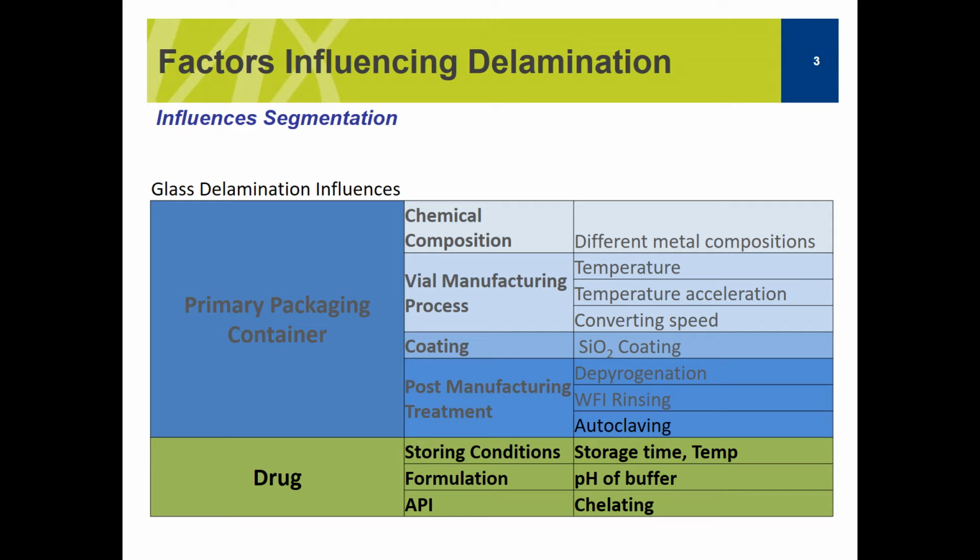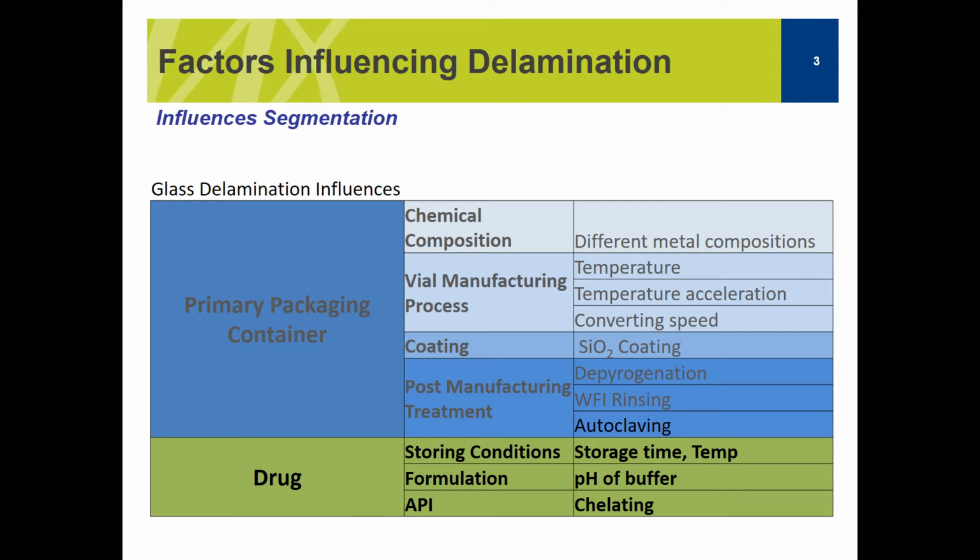So we talked about the chemical composition of type 1 borosilicate glass vial, the manufacturing processes, the different coatings that we can apply to the type 1 glass, and also post-manufacture treatment, depyrogenation, water rinsing, and autoclaving, and how exposure to heat or water increases the risk and increases the probability of delamination. In this module, we're going to be taking a look at drugs.